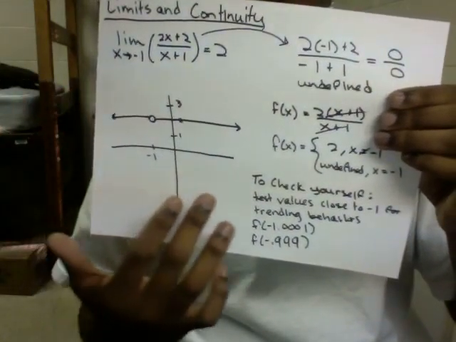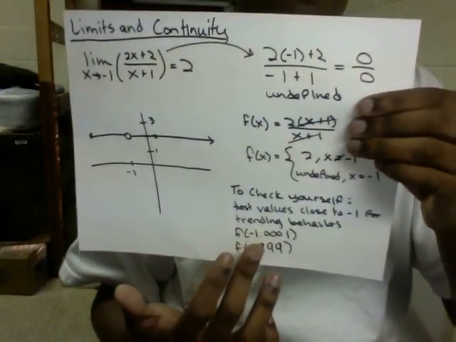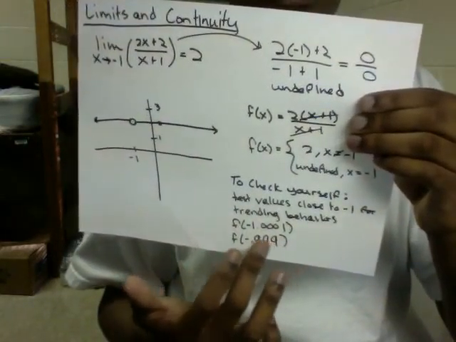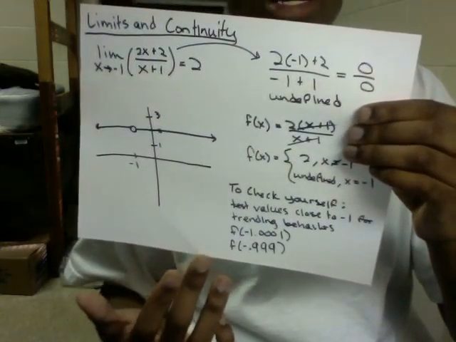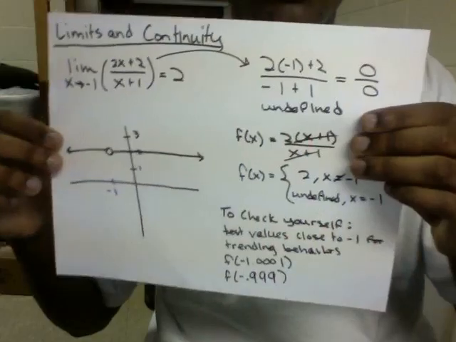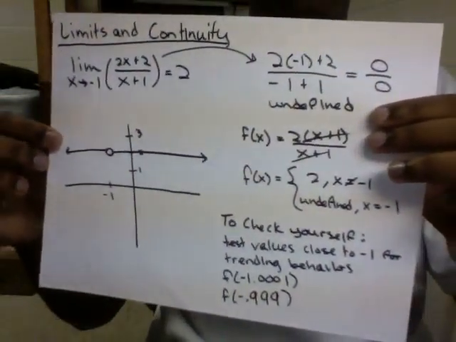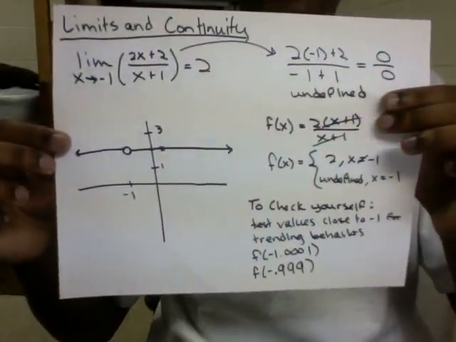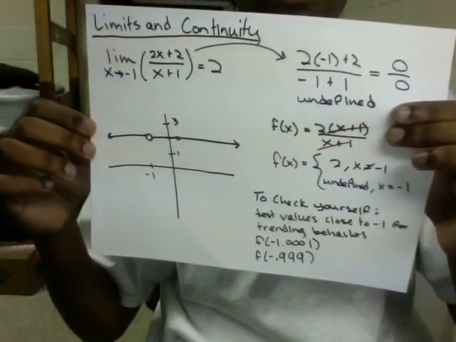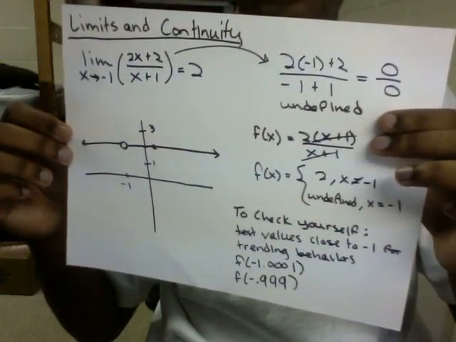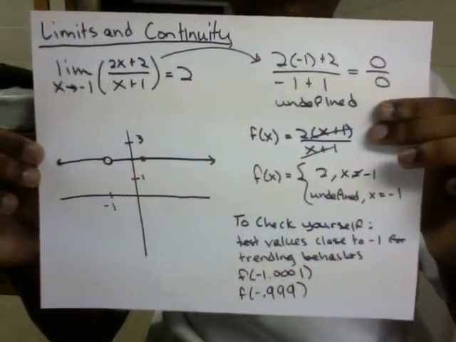To check yourself, you can test values very close to -1, such as -1.0001 or -0.999. We can see that this is still the limit, because the values are all approaching -1 on this graph of 2x plus 2 over x plus 1, and the answer would still be 2.